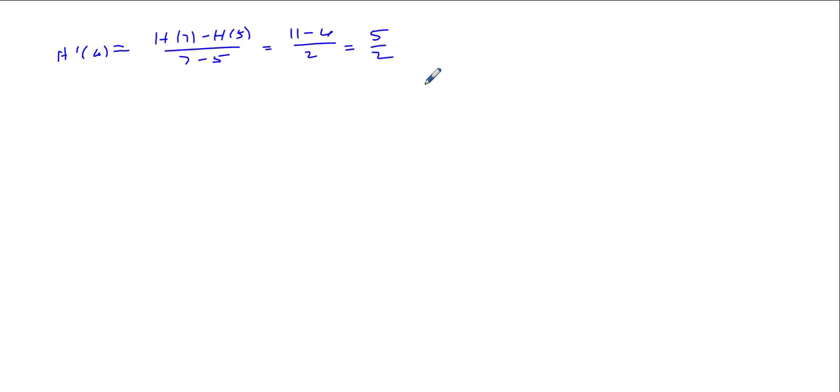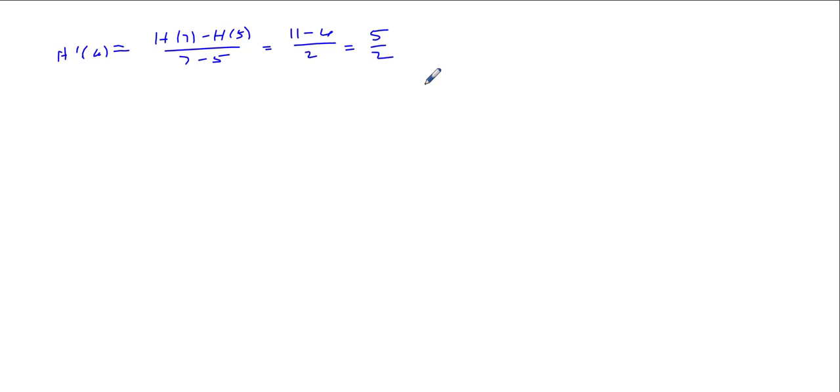Now, using correct units, interpret the meaning of h prime of 6 in context of the problem. Keywords, context of the problem. They're talking about trees and the height of the tree. What would the units be for h prime? Well, that would be meters per year, right? So what would we say? What does h prime of 6 stand for?